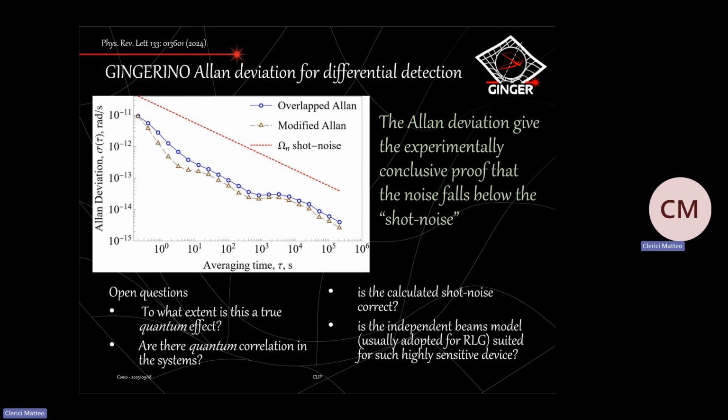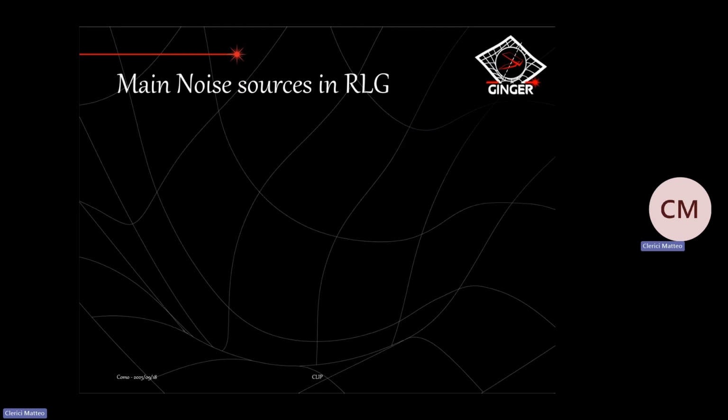When they are reflected by the mirror, you can have some photons that are backscattered in the wrong direction and coupled into the other beam. And this is a well-known feature of ring laser gyroscopes.